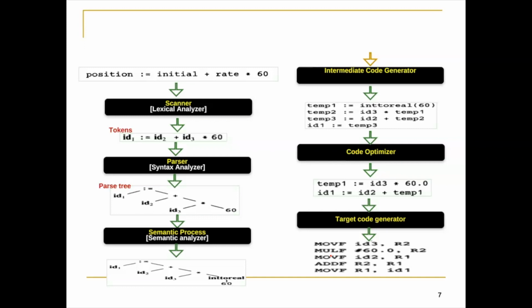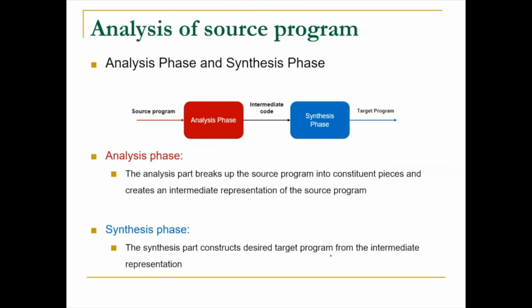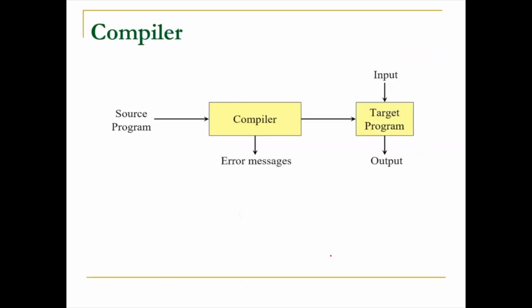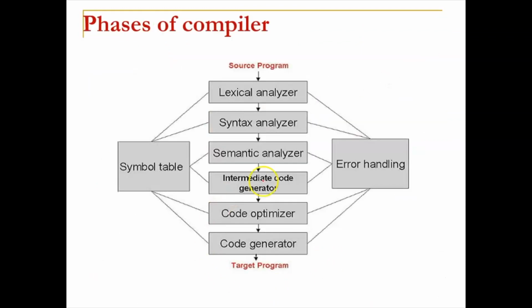Hope it's clear. And now we have some terms like analysis and synthesis phase. We know these are the different phases involved in the compilation process. The first four phases, that is lexical analyzer, syntax analyzer, semantic analyzer, and intermediate code generator, can together be called the analysis phase of the compilation process, and the other two phases can be called the synthesis phase.